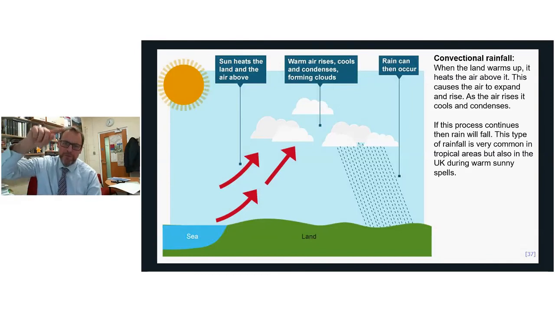That happens repeatedly up in the atmosphere, and if this process continues, rain will fall as the moisture in the air condenses as it cools. Droplets and clouds form, and then you get high intensity rainfall. These are the kind of rainfall events which in the UK we talk about as summer downpours. They tend to be convective rainfall events.